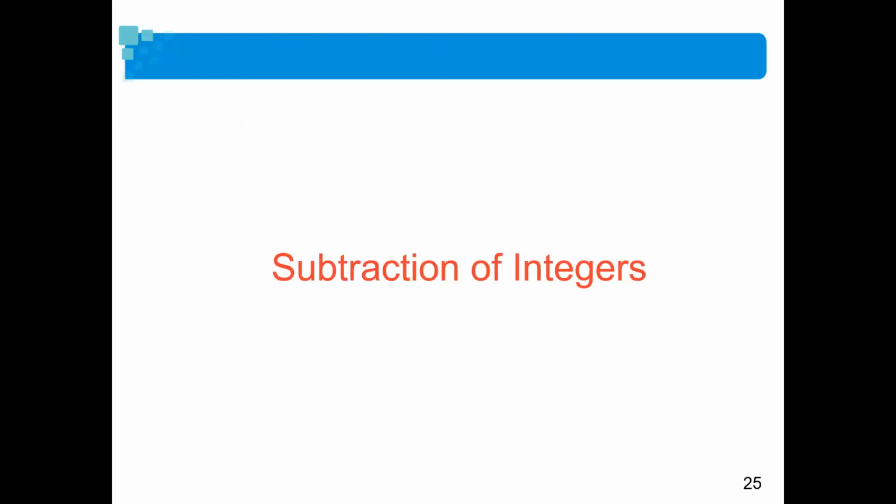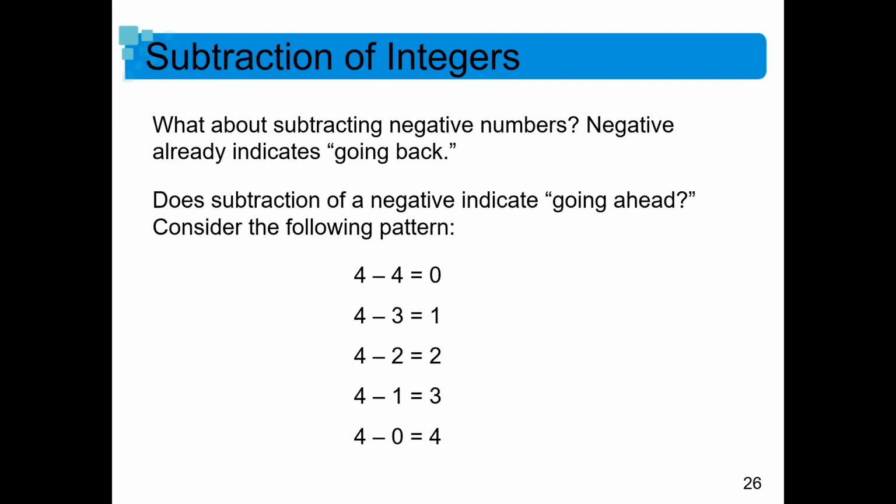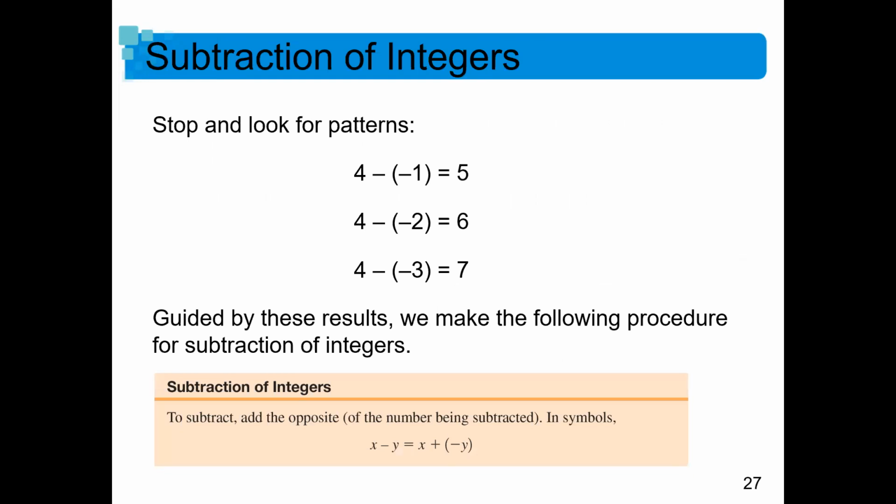So how about subtraction of integers? To subtract, add the opposite of the number being subtracted. So in symbols, x minus y is equal to x plus negative y, right?